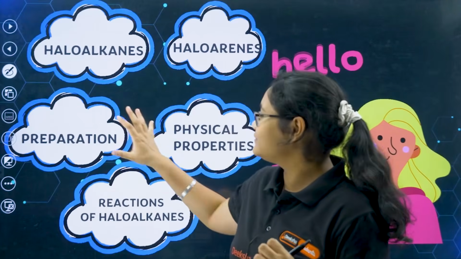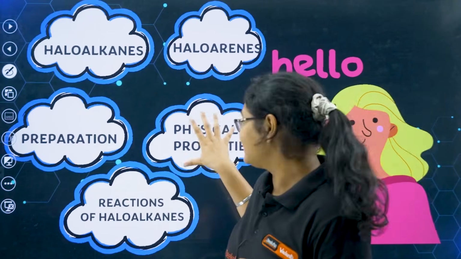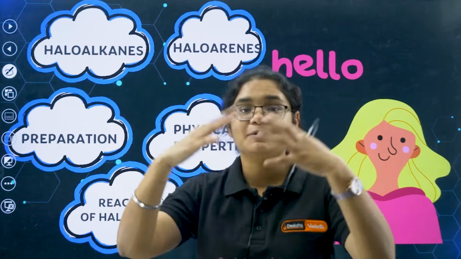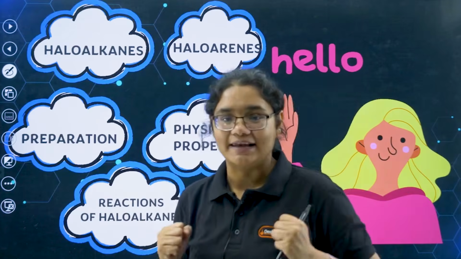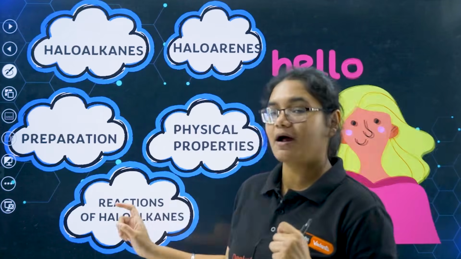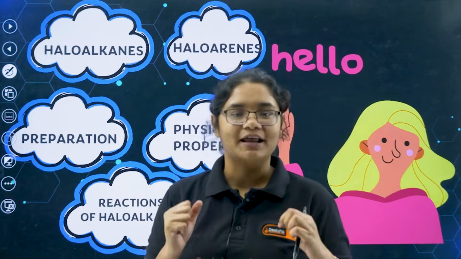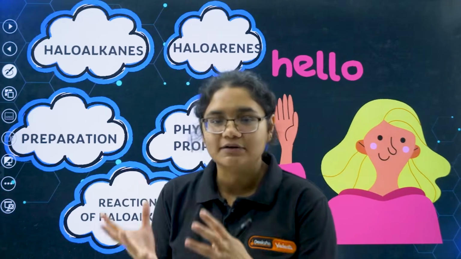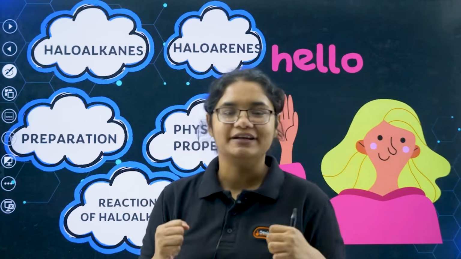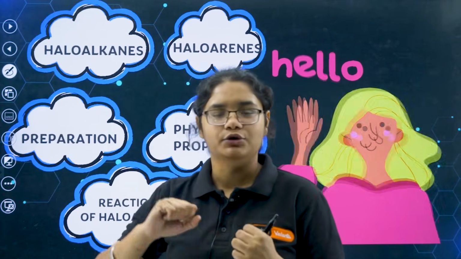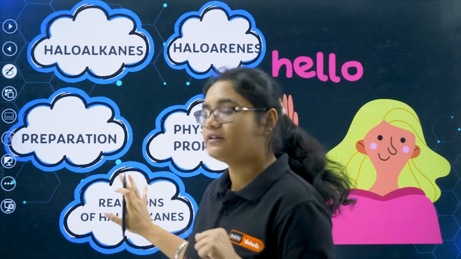In the second part we studied the preparation and the physical properties of haloalkanes. We were in the lab where we were preparing these haloalkanes and haloarenes. In the third part we studied the reactions of haloalkanes, the SN1 reaction, SN2 reaction, right? Then what a chiral molecule is and what the enantiomeric form is. So we had these types of discussions in the third part.